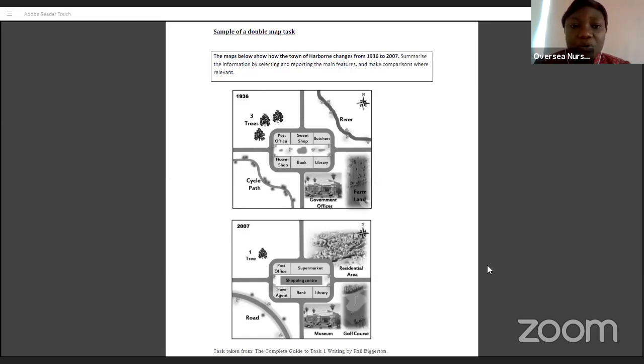The maps below show how the town of Harborne changes from 1936 to 2007. Summarize the information by selecting and reporting the main features and make comparisons where necessary. Have you seen a compass on these maps?